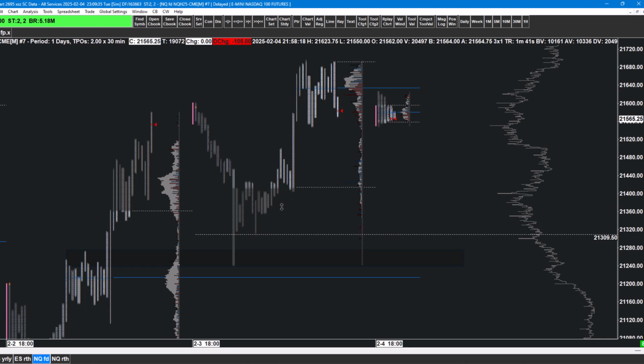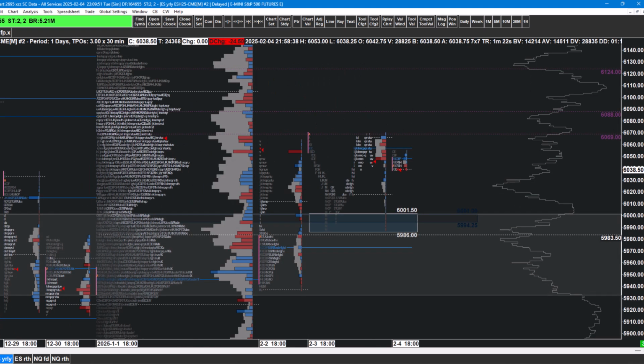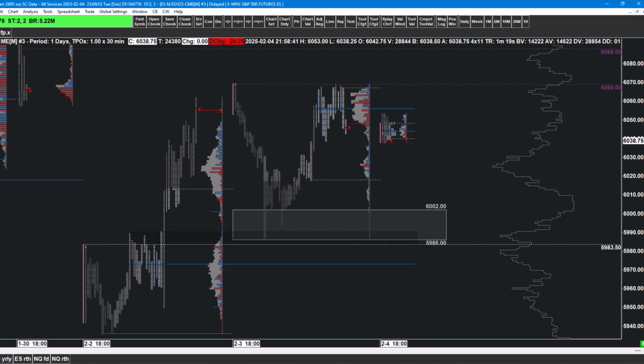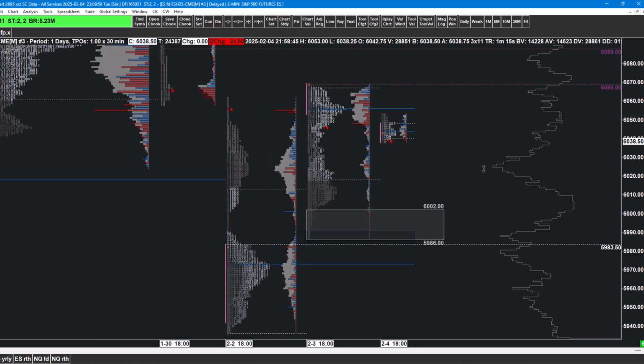I'm not saying he made SMTs. I'm saying related to ICT, he doesn't look at anything else but SMTs. And I do as well because I've seen them work. And here we have a very good opportunity to SMT these lows with NQ and ES. So that's adding even more to my plan I've built out for myself.